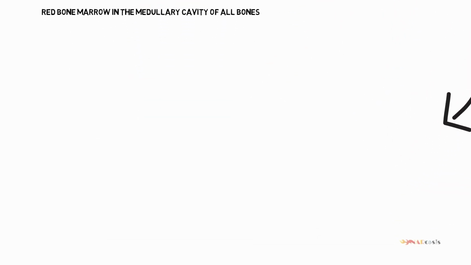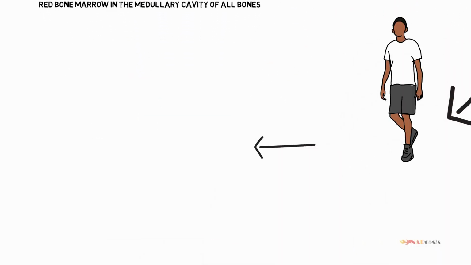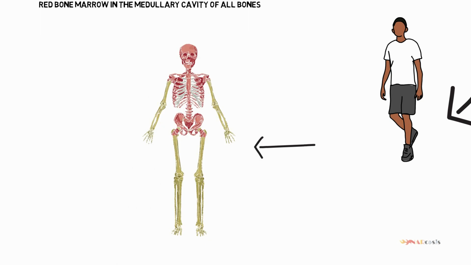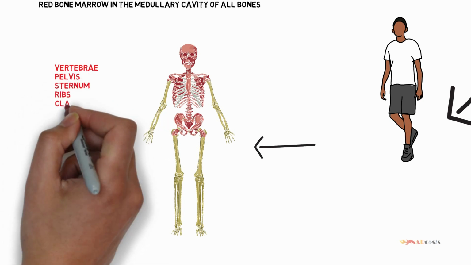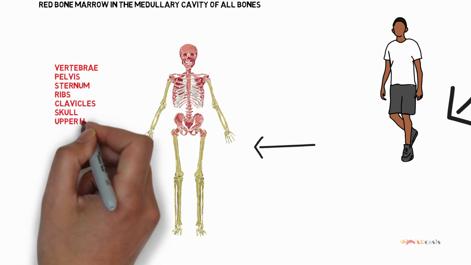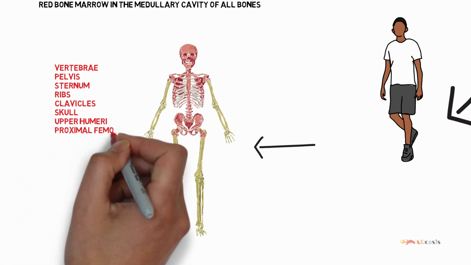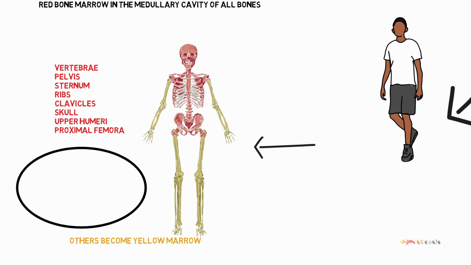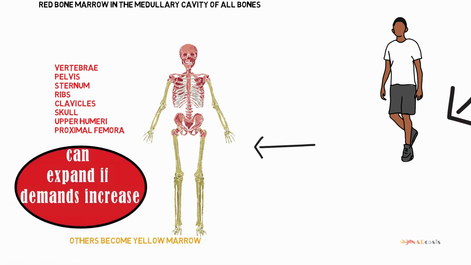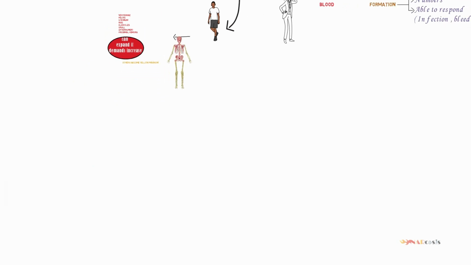And as we grow in childhood, our red marrow becomes yellow marrow when fat replaces the red marrow in the medullary cavity, so that in adults, normal haematopoiesis is restricted to the vertebrae, pelvis, sternum, ribs, clavicles, skull, upper humeri, and proximal femora. And as we said, to have an effective haematopoiesis, this red marrow can expand in response to increased demands.